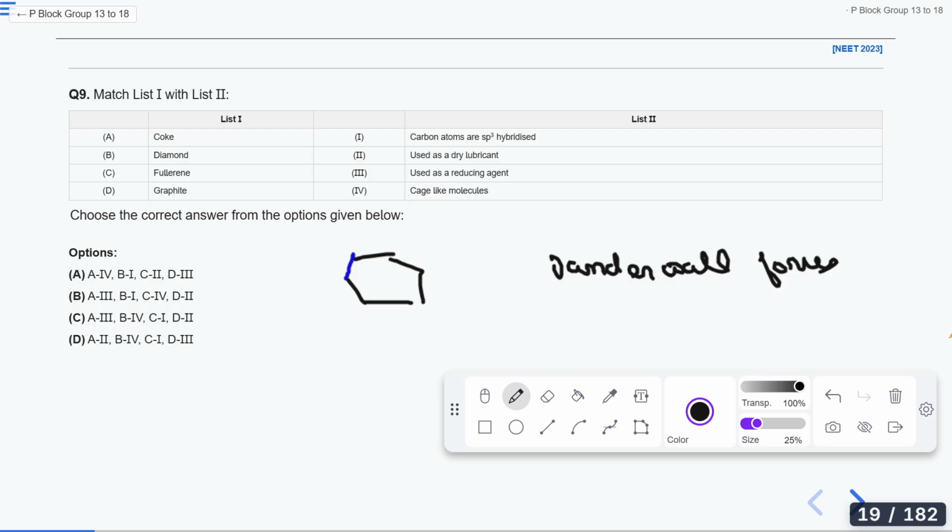There is one layer, then another layer, then another, so there are layers after layers in graphite. How are the layers joined together? They are joined by van der Waals force, which is a very weak force. Due to this, the layers can slide over each other. So we use them as dry lubricants.